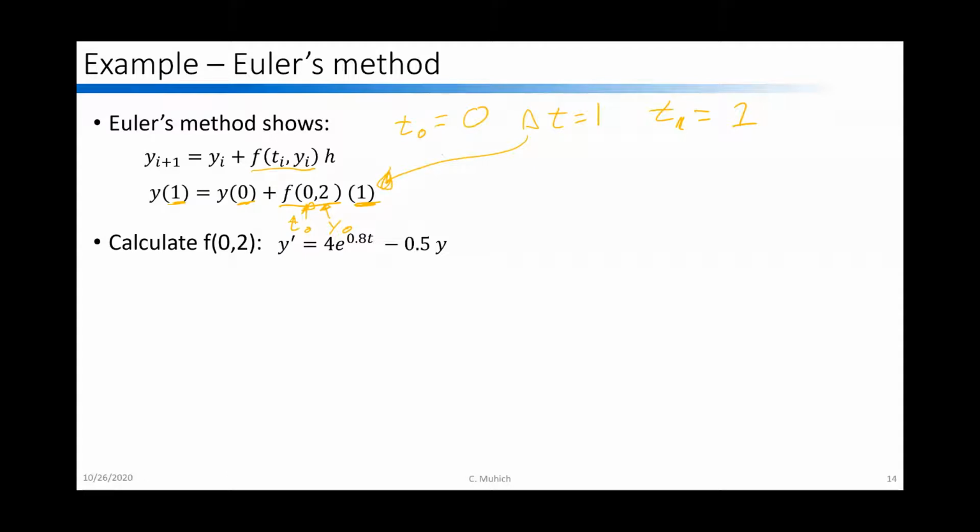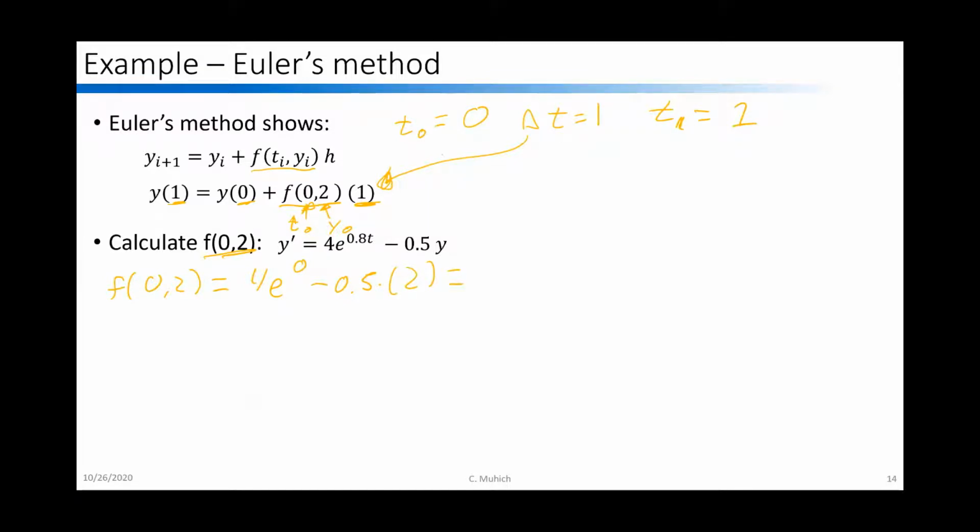So in this case, remember that f is just my differential equation. So that's y prime equals 4e to the 0.8t minus 0.5y. So I just need to plug in those values. f of 0 comma 2 is equal to 4e to the 0 minus 0.5 times y, which is 2.